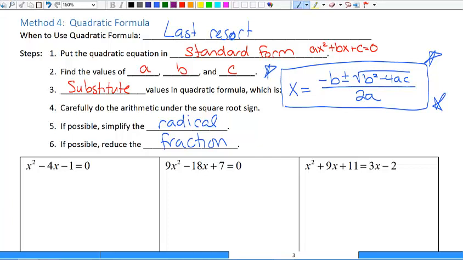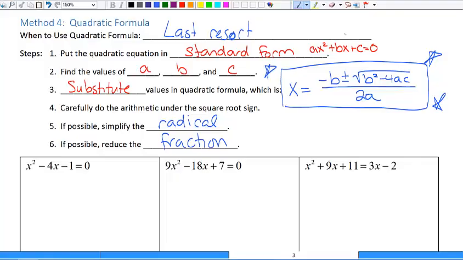And I know that seems like it's a lot, but let me show you one thing that might help you out. This is the quadratic formula. And if you weren't impressed by that one, let's check out this one.